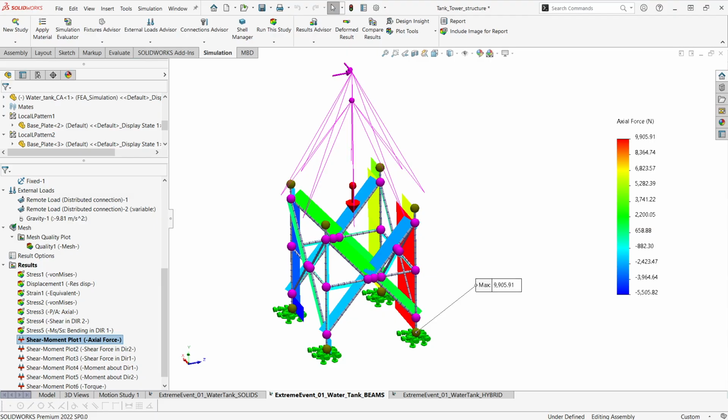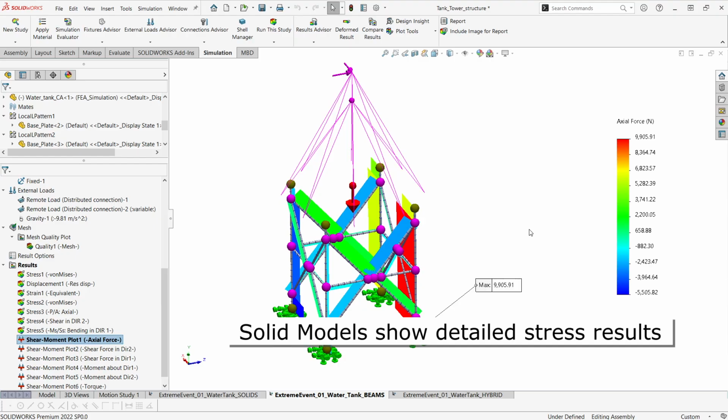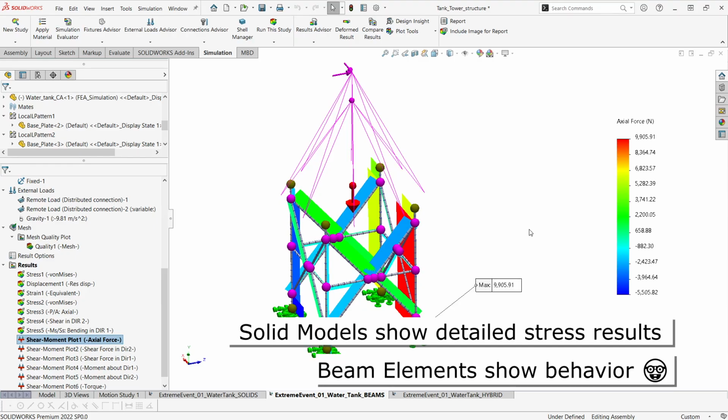Not bad, right? Good. After this analysis of beam elements, we could say that solid models are essential when we need detailed stress distribution, especially in local connections. But they don't give you this level of interpretation. They show results, beam elements show behavior. This is why beam elements are not a simplification.